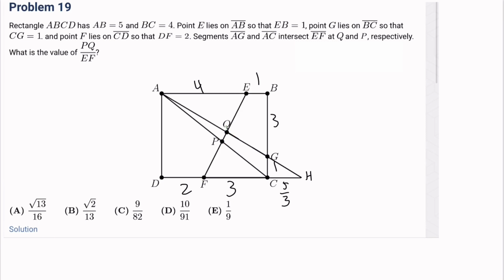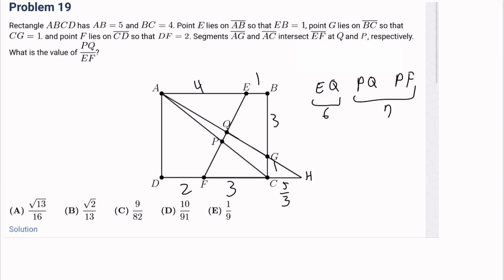If we have EQ and PQ and PF, then the ratio of EQ to PQ plus PF will be 4 to 3 plus 5 over 3, which is 14 over 3, and 9 plus 5 is 14, yes, so that's right. And 4 would be 12 over 3, and so 12 to 14, that's 6 to 7. So this would be 6 to 7.